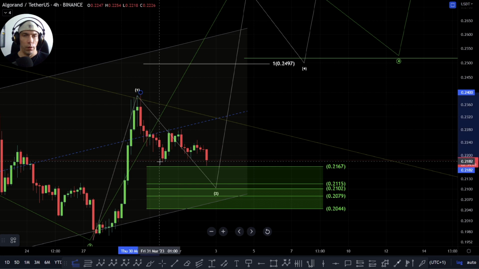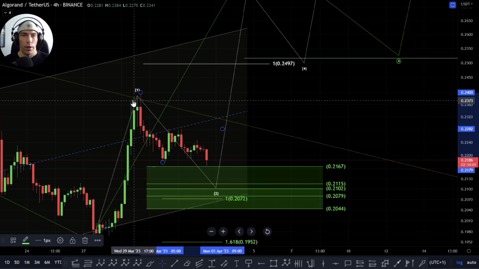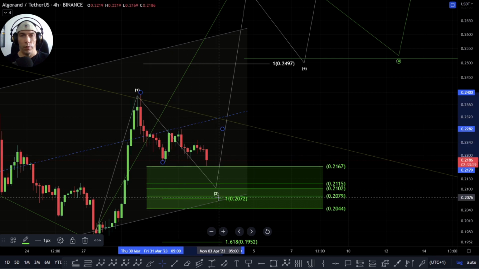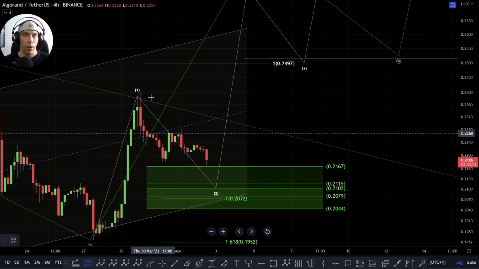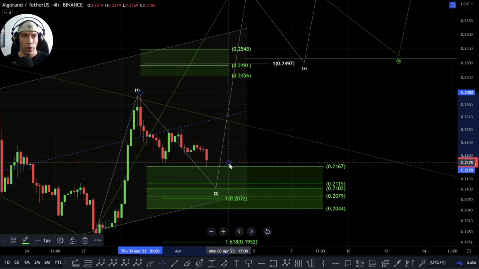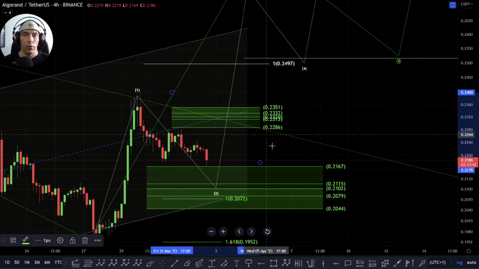And what I'm looking out for here is that potentially this is not a completed move, and this could be an A, potentially a B, and then we're going to see a C wave down. We have just come down to this 50%, so we need to be aware that this could look to turn around. But it is also possible, within this we have a B wave correction in here where we could see rejection again in this zone and look for potential rejection between this 2351 and this 2286.